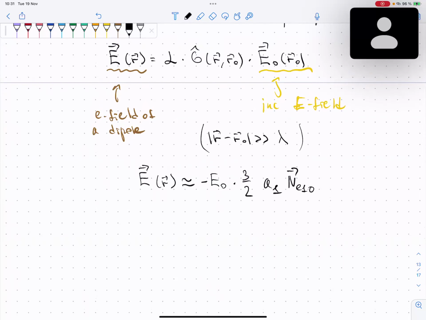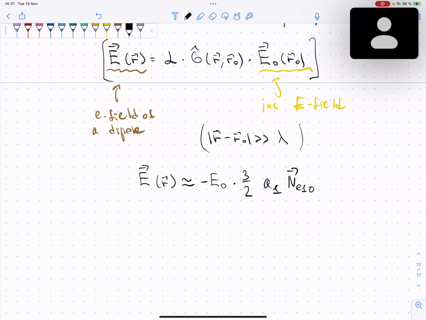Well, I think that to rigorously answer your question, I need to make a lot of derivations, and we already spent half an hour on this. So the rigorous expression for the electric field of the dipole is like this.